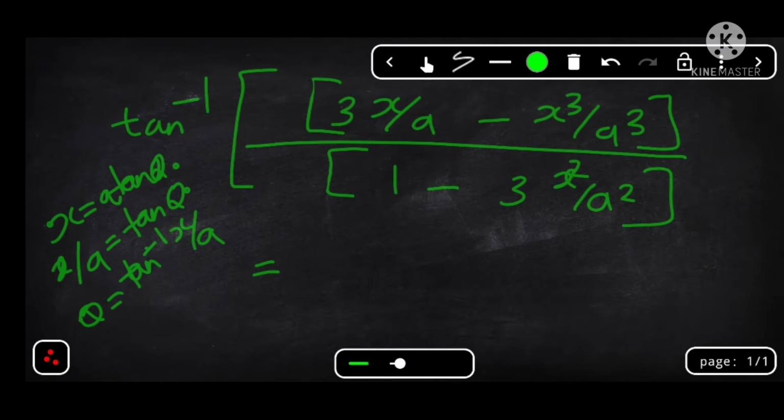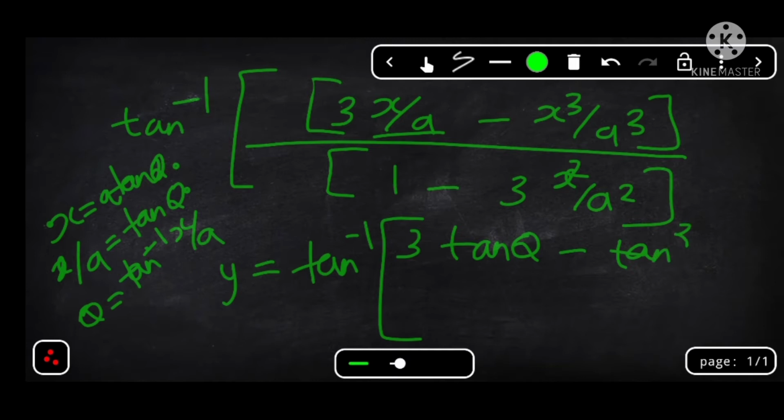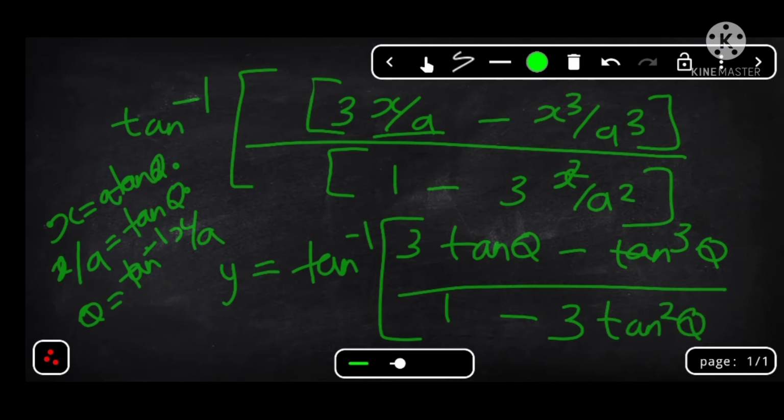So it is going to be y equals tan inverse of (3 tan theta, because this is x by a, minus tan cube theta, because it is x cube by a cube) divided by (1 minus 3 x square by a square, which means tan square theta). Fine.